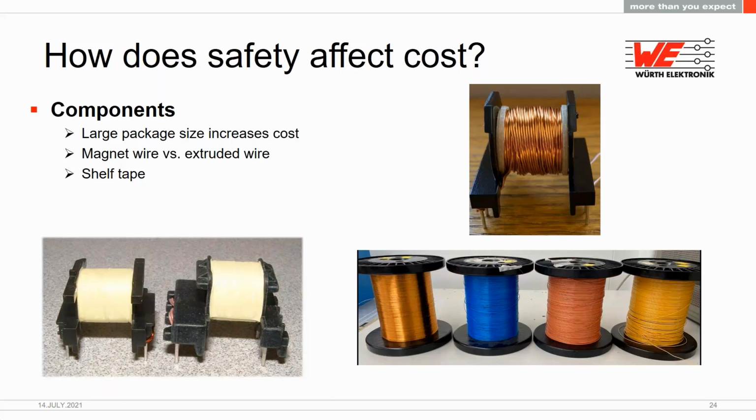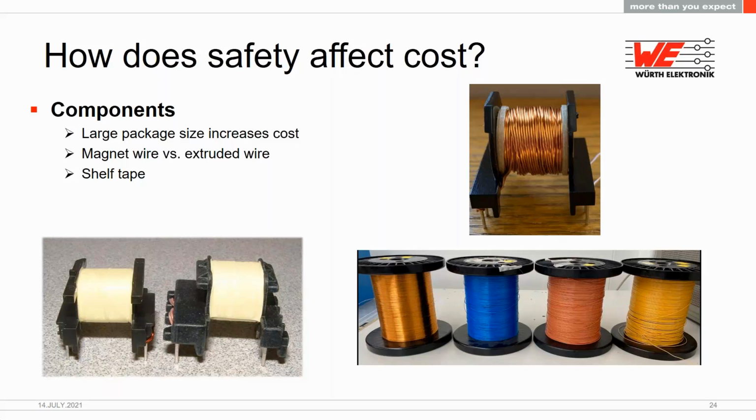The functional designs and shelf tape designs will use standard magnet wire. Standard magnet wire is costed by the weight of copper used. As you can imagine, the weight of copper on a 1-inch cube transformer is quite small, so the copper weight will also be quite small. The flying lead and extended rail designs, on the other hand, use this special extruded insulated wire, and this wire is costed by the length of wire used.